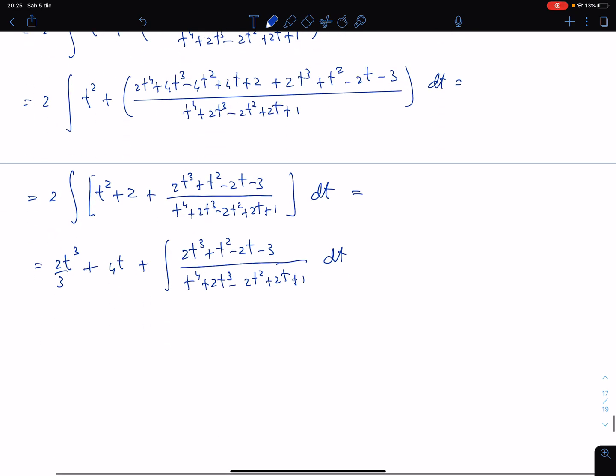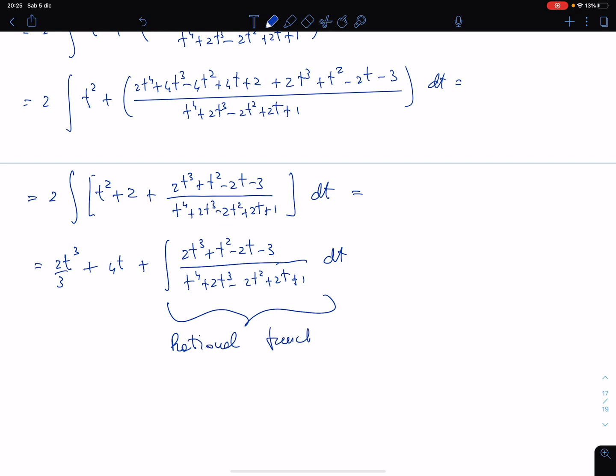And this seems to be really awful, lousy, but this is a rational function. You can always integrate it exactly, so bring your computation up to the end.